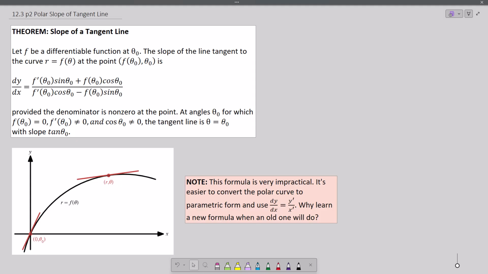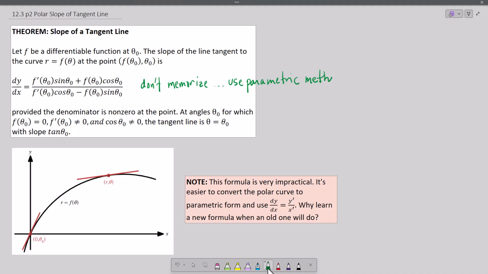If you wanted to use this formula, you would have to memorize that formula, which would not be advisable. So I would recommend not using this formula. I would recommend using the parametric method.